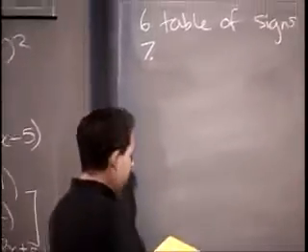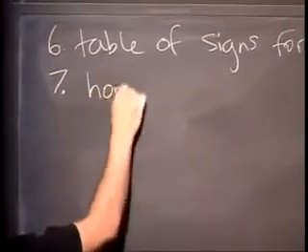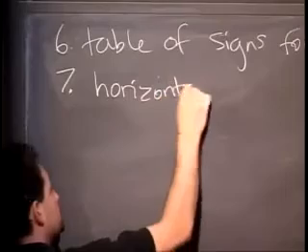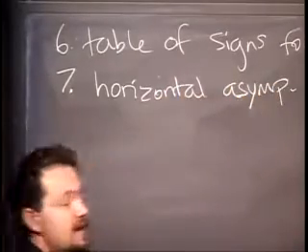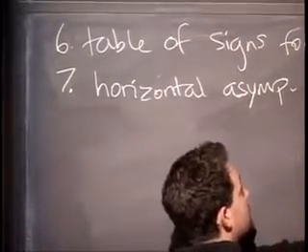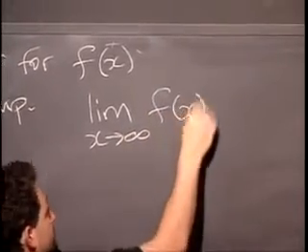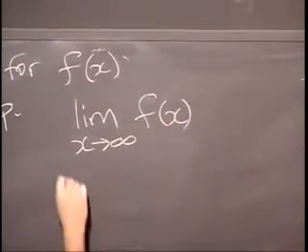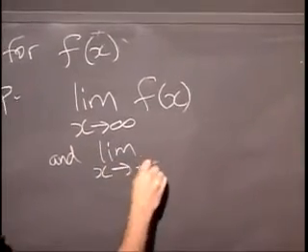Now, we've also got to look at step 7, horizontal asymptotes. How do you find those? Well, what you do is you take the limit as x goes to infinity of f of x, and also as x goes to minus infinity.